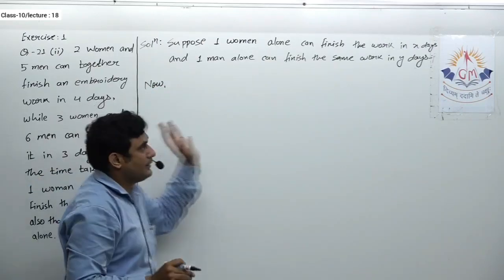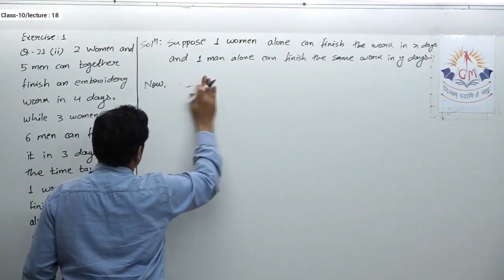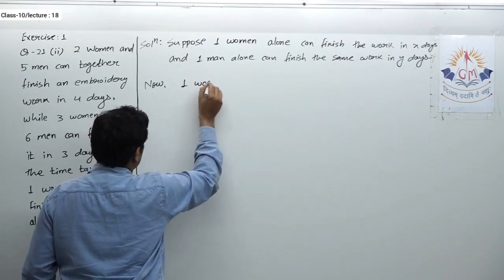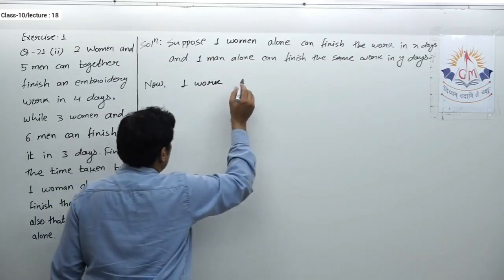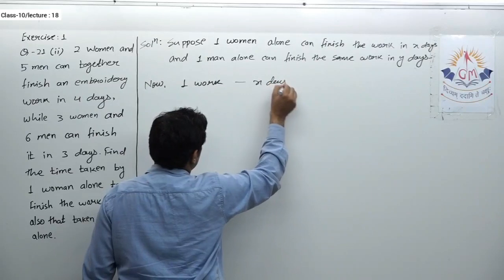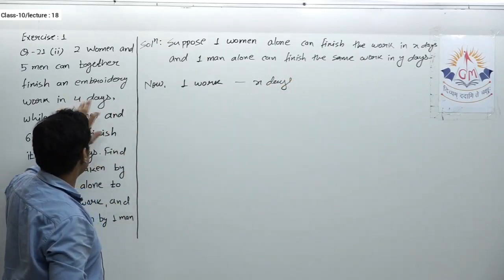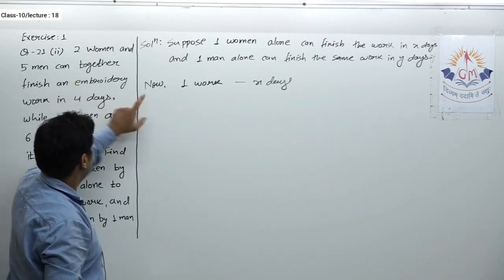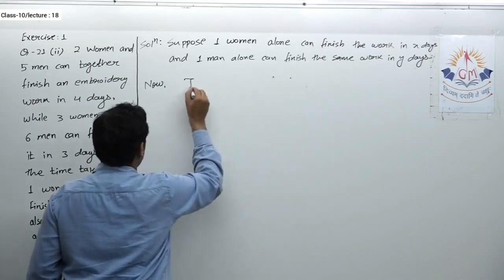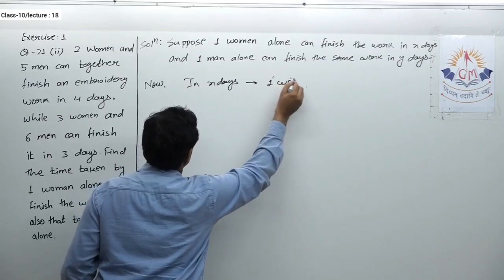okay, if I write the same thing in another way, let us see. One work can be finished in X days, isn't it? So, in other words, in X days, one work.